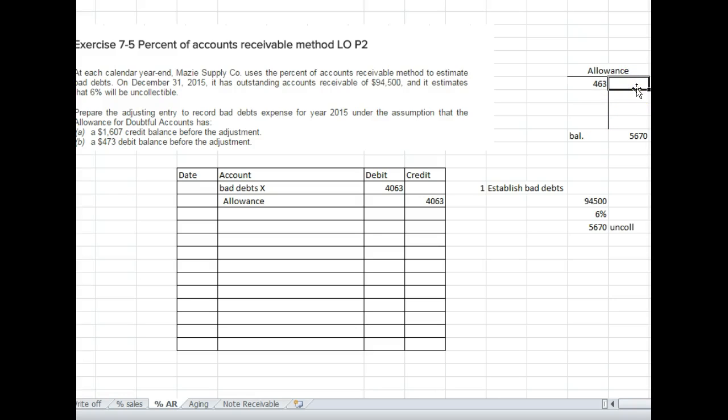So that would equal this plus this. Oh, this is 473, I'm sorry. By doing that, if I credit the allowance account, I will end up with a balance of 5,670. This becomes my bad debts for that second one.